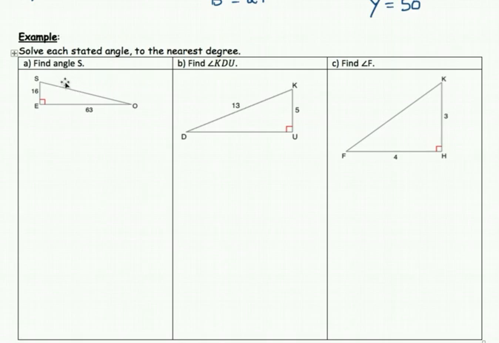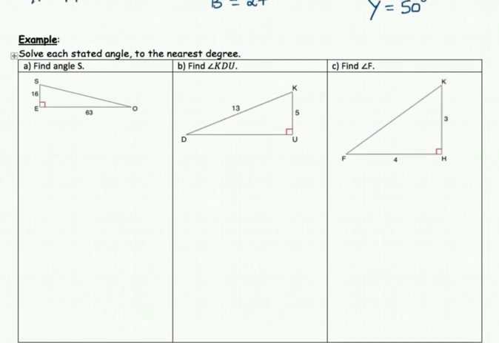For A here, it says to find angle S. I know that when you were trying to label the sides in the past, there would be a number somewhere in here or here, and you would stand there and label the sides. But here you have to pay attention to this clue: find angle S. That's where you need to stand.